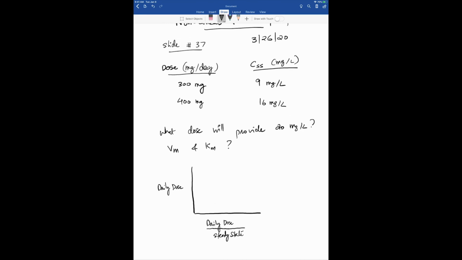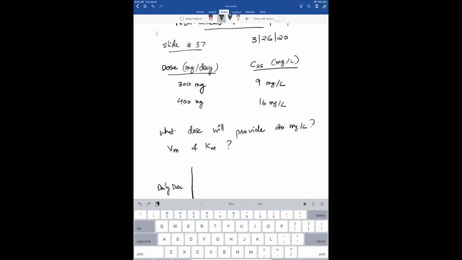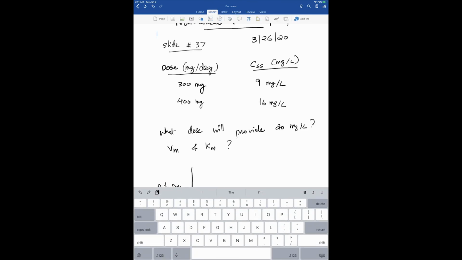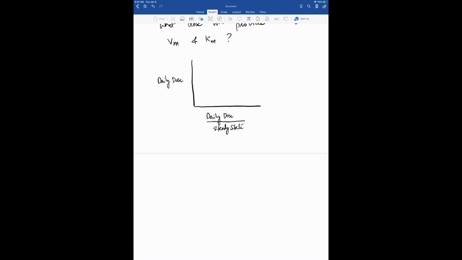So we can have a daily dose, milligrams per day, and then daily dose divided by steady state.